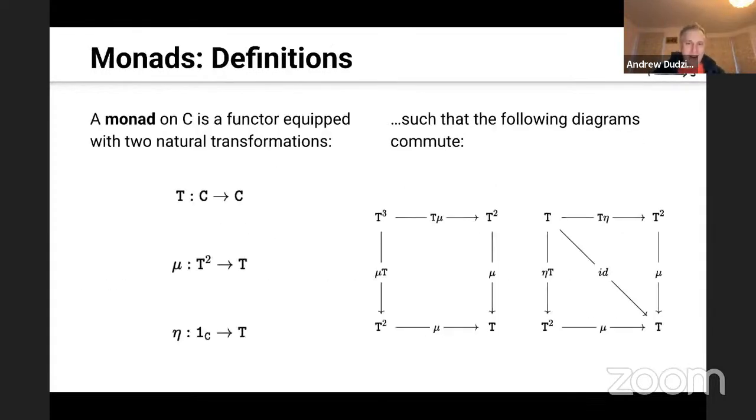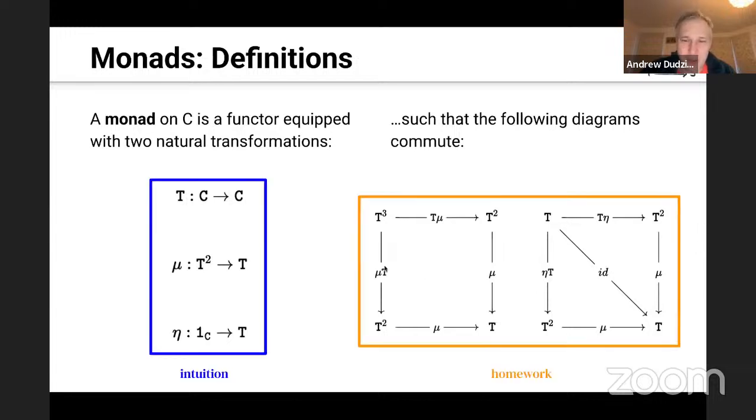Okay, so a monad is a functor on a category, so from a category to itself, equipped with two natural transformations. One from the square, this means square under composition, one from T squared to T, and then a natural transformation from the identity functor on C to T. And they must satisfy these commutative diagrams.